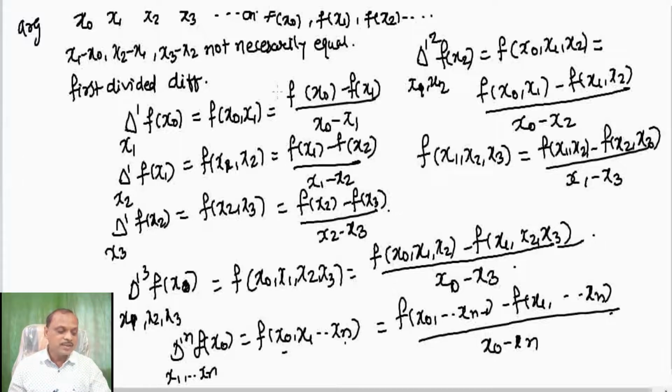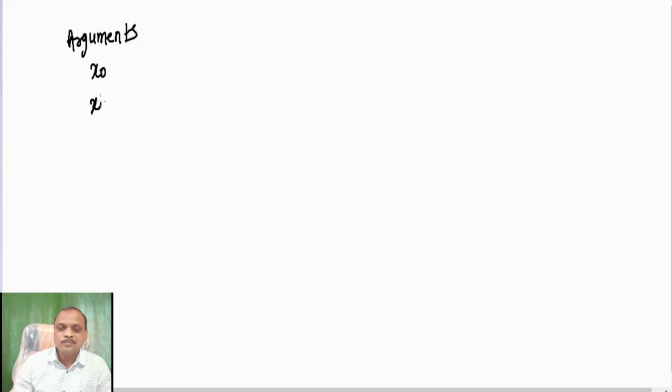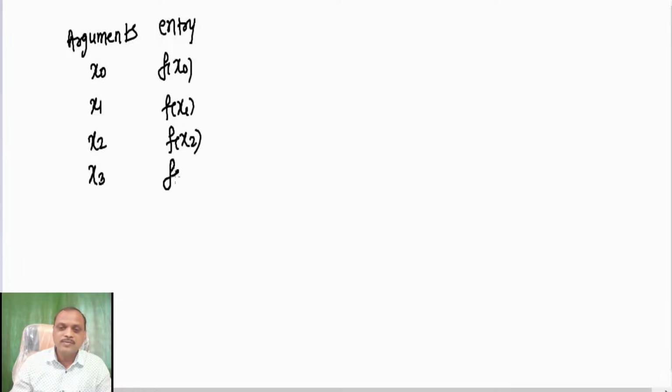If we write the divided differences in tabular form, first we write the arguments x0, x1, x2, x3, and the entries f of x0, f of x1, f of x2, f of x3.